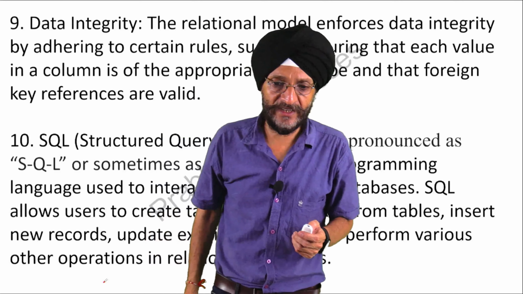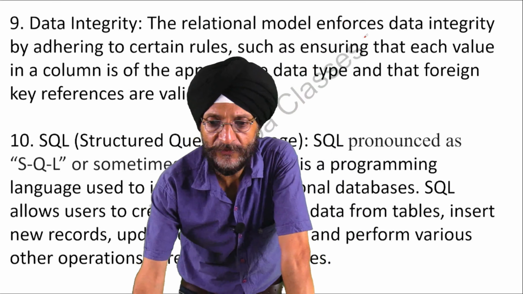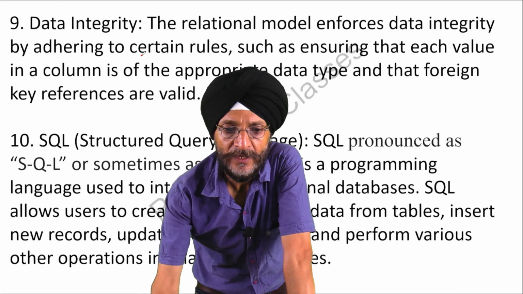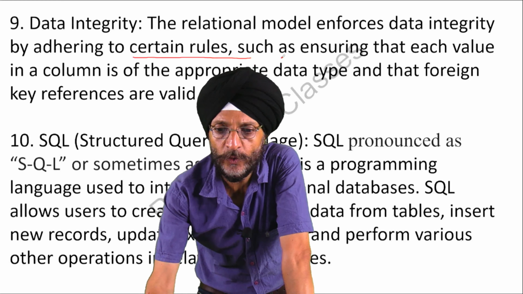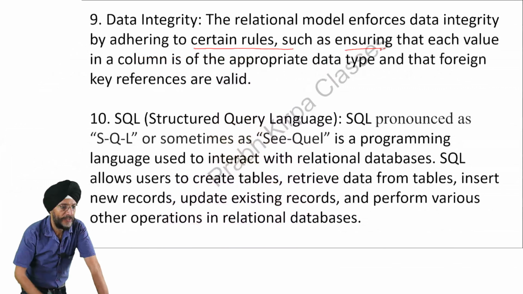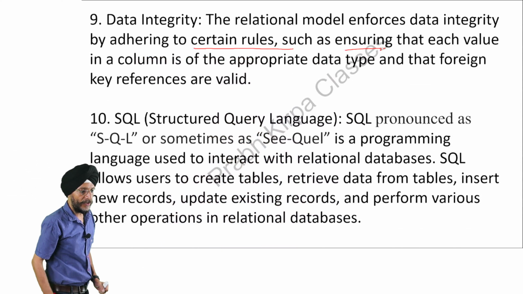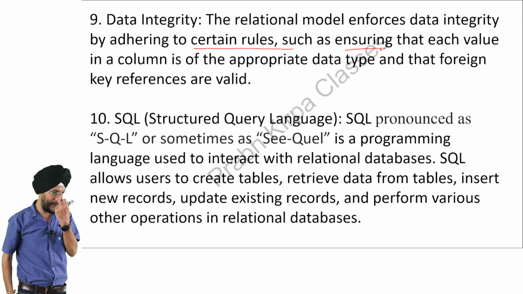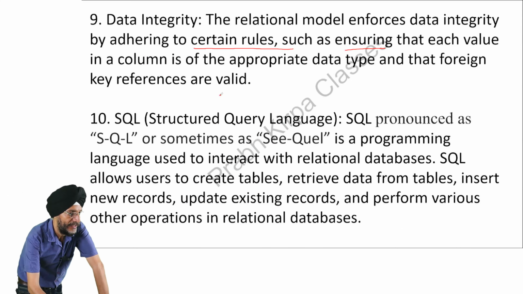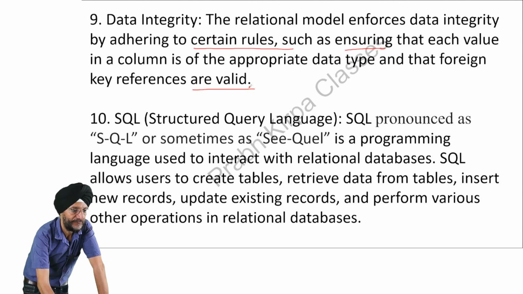Next is data integrity. The relational model enforces data integrity by adhering to certain rules, such as ensuring that each value in the column is of appropriate data type and foreign key references are valid.